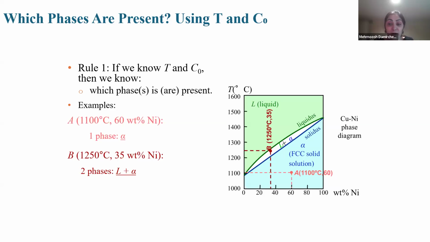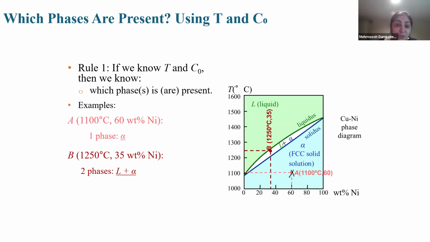which phase we are in. For example, at point A, that is 1100 degrees and 60 weight percent nickel, we reach point A, and you see it is exactly located in the blue region, that is solid solution.